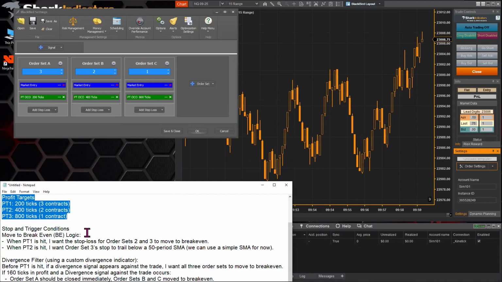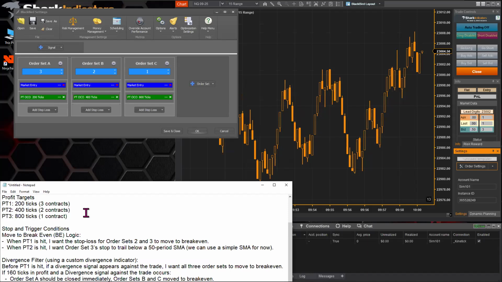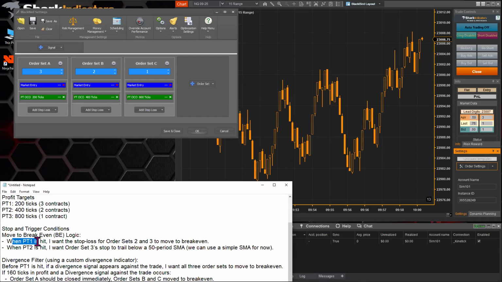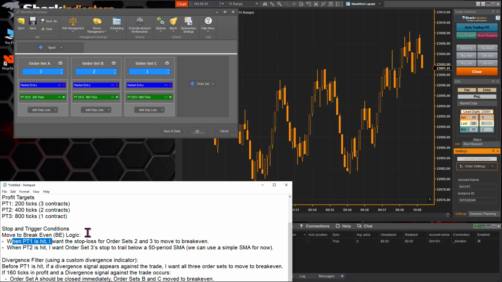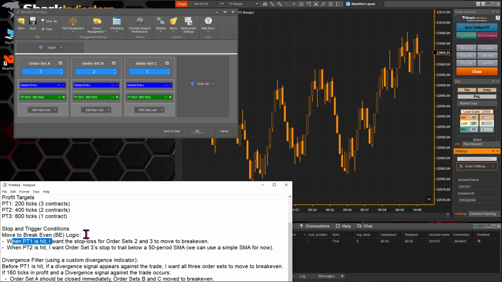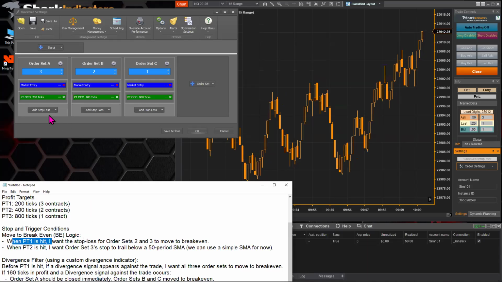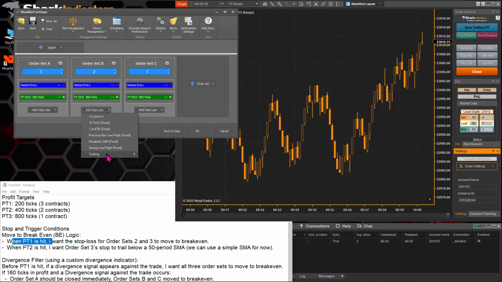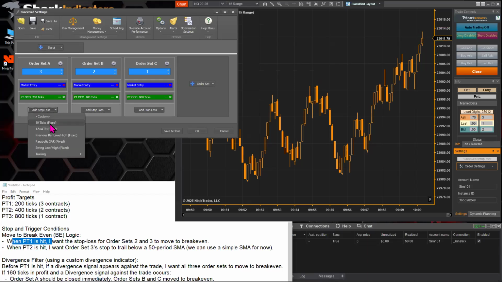Now we can scroll down to the stop losses. We have a couple of break-even triggers, or break-even rules. The first one is when profit target 1 is hit. Because I want to be able to use the copy function here, I need to throw something in.